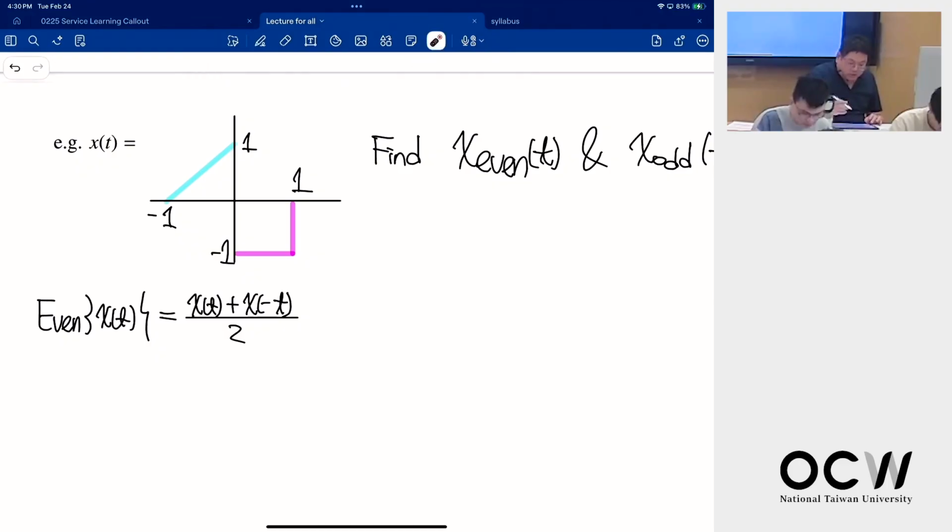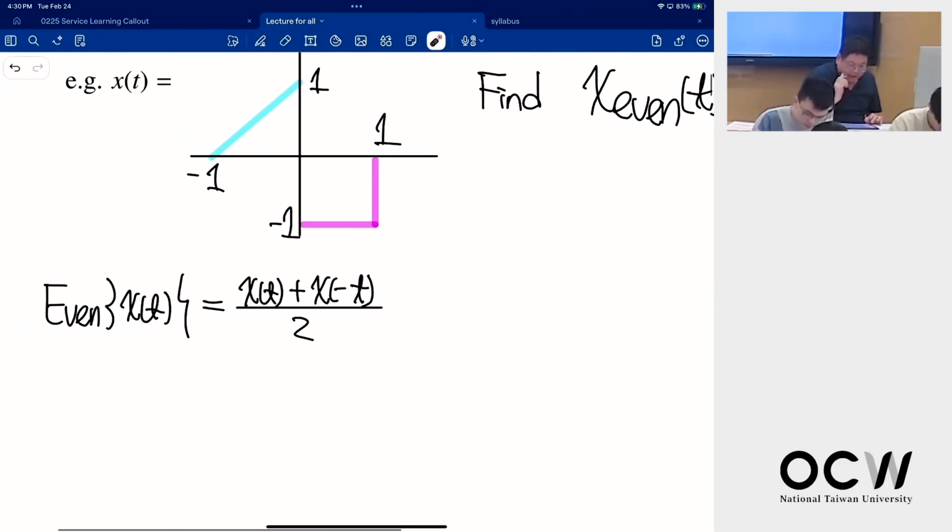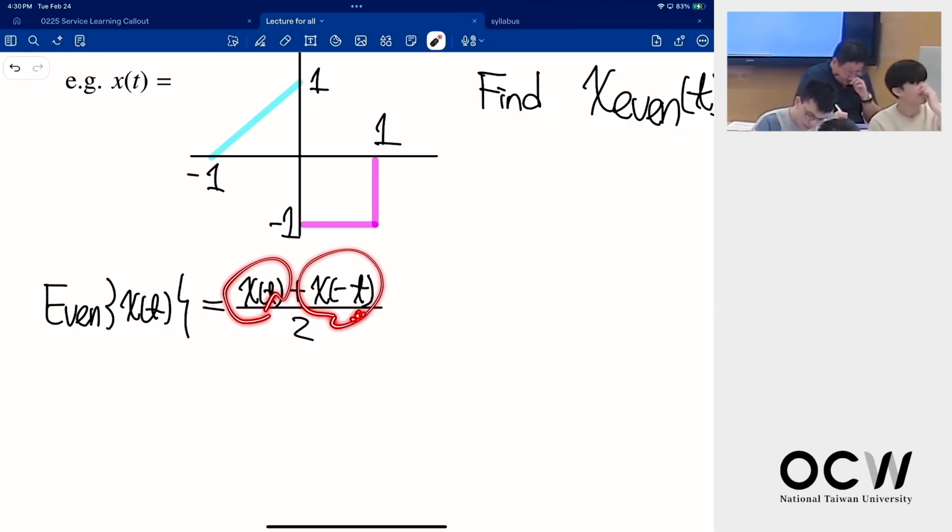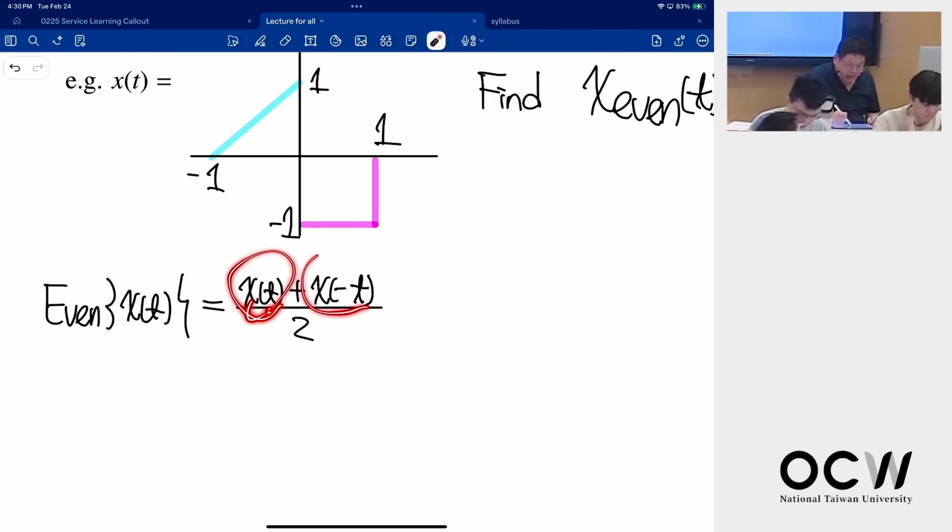So since we know the even signal is x of t plus the reverse signal divided by 2, we can plot x of t, the signal, and the reverse signal.